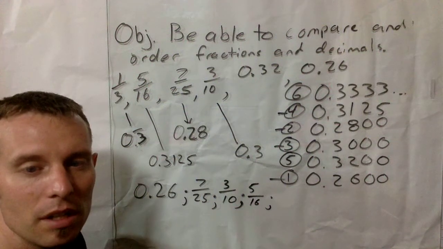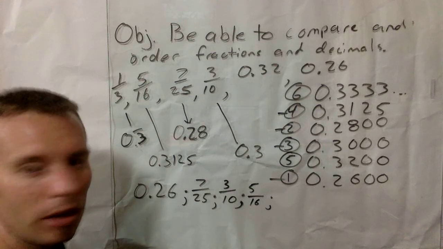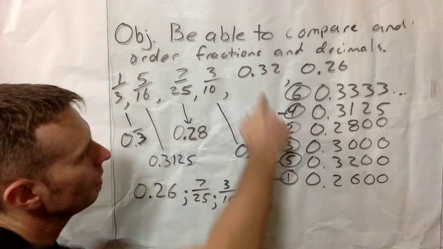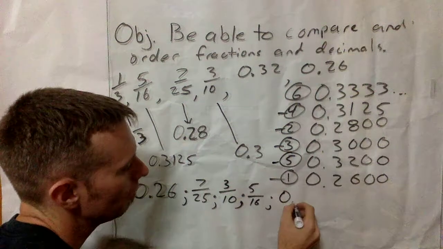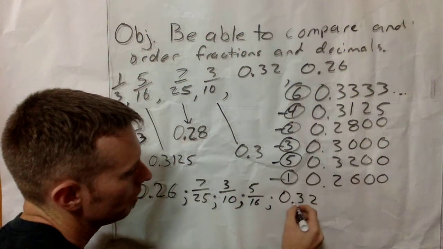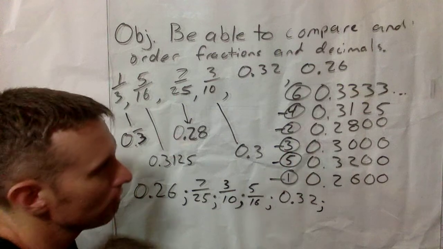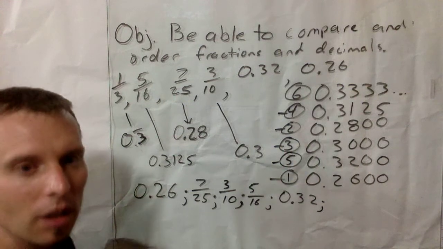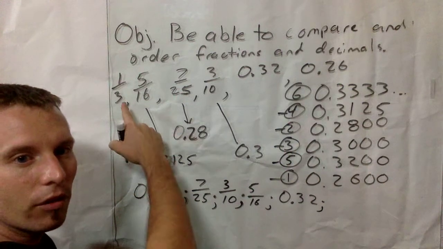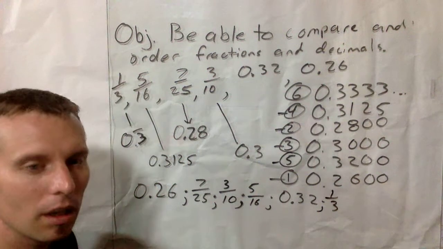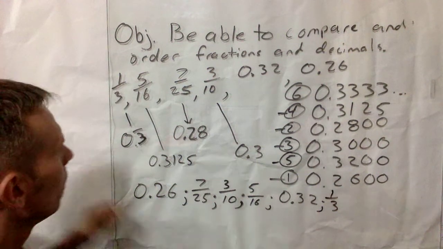So that's the way that I will write it. 0.32, that was this number. That's how it was written already. So I'll leave it as such. And last but not least, 0.33 repeating. That was the fraction 1/3.